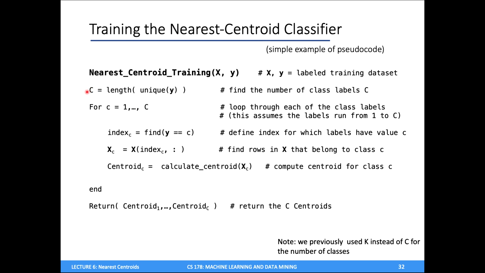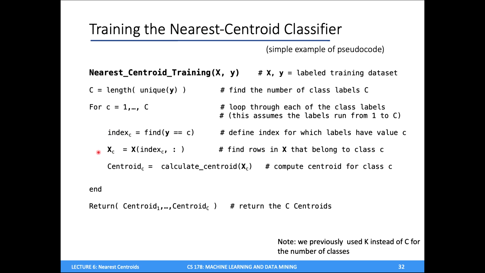Okay, once we've found the number of different classes in our problem, we're going to loop over each of these classes. For example, we start with all the data points whose label is 1. In these 2 lines, I'm getting all of my data whose Y value is 1.